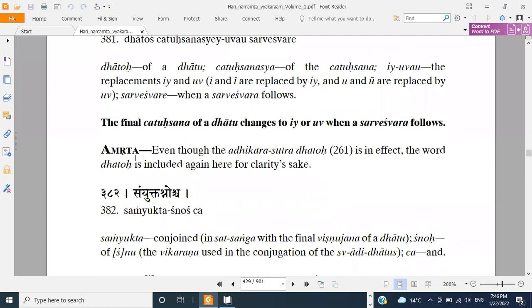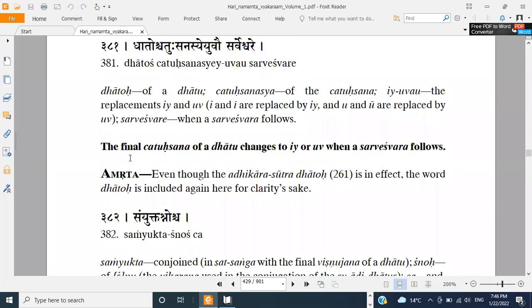What is Chatussana? That was way back in the beginning. U Chatussana. Right. So the final Chatussana of a dhatu changes to I or uv when a Sarveshwara follows.